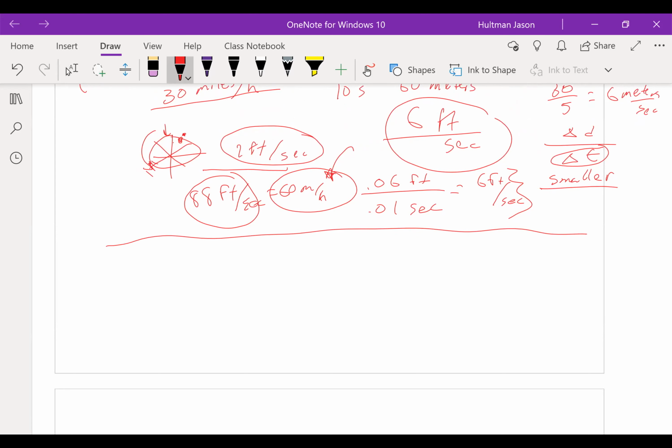Okay, so we know that V prime of r is equal to 4 pi r squared. And so we want to know, well, what's the instantaneous rate of change when the radius is equal to 1.2?